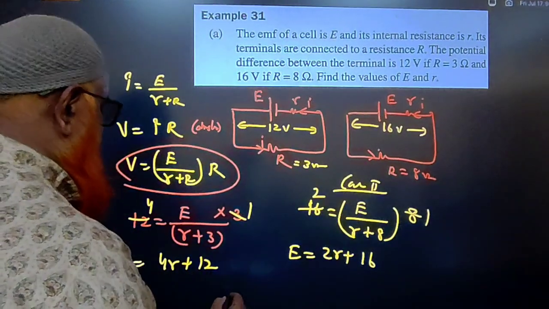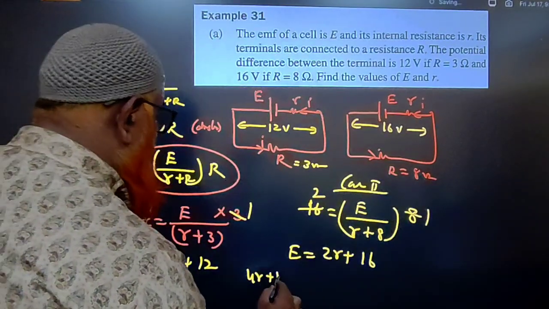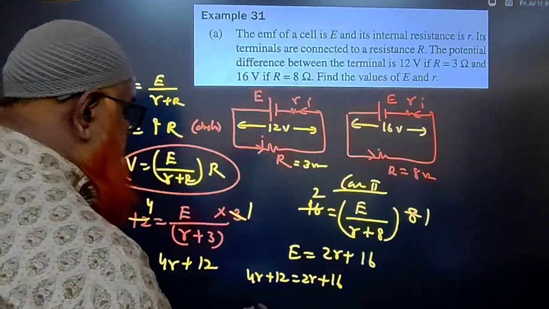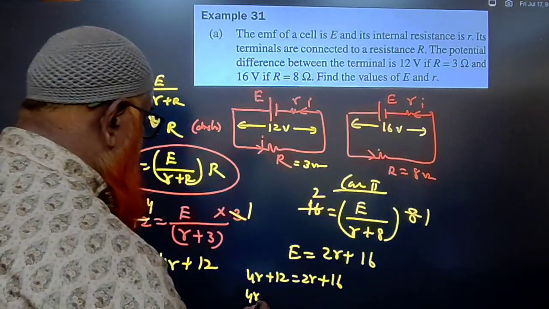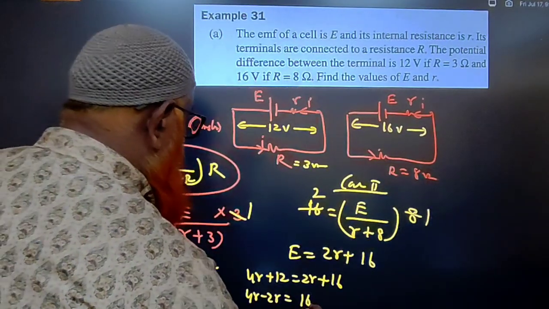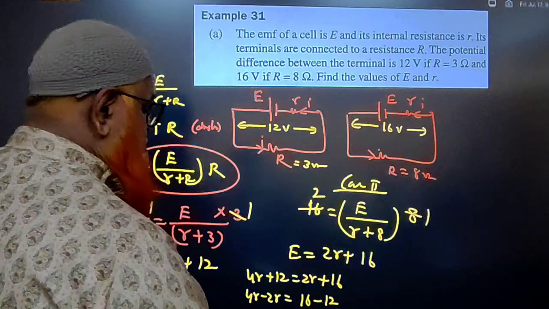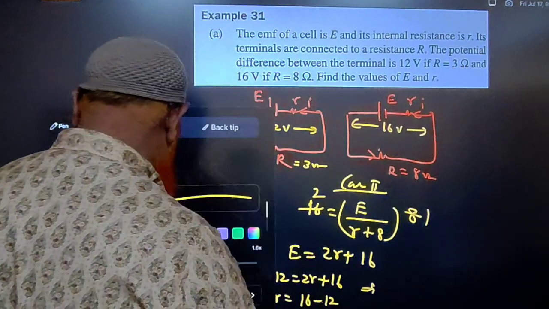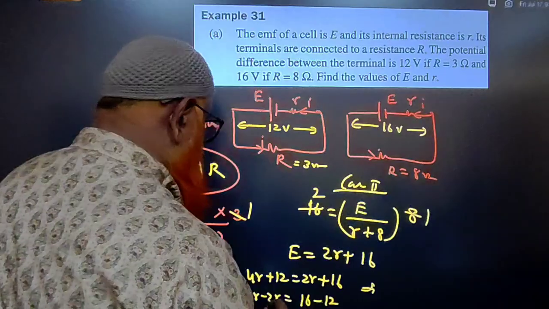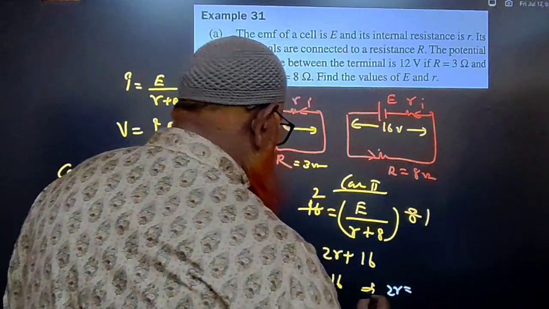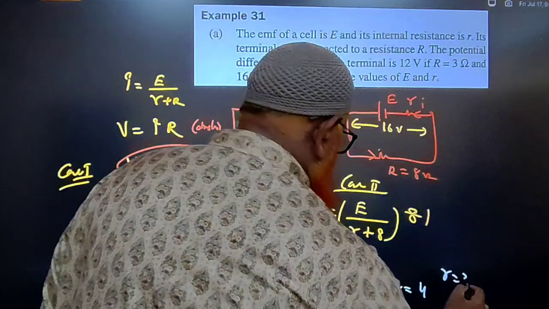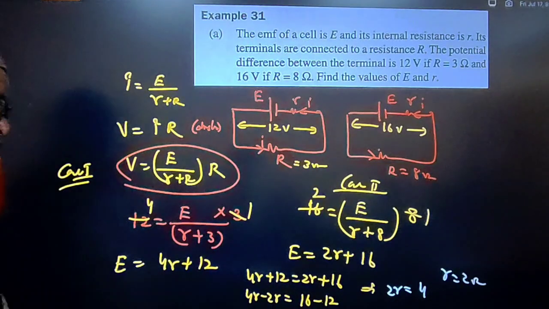Both left-hand sides are the same, so you can write 4r plus 12 is equal to 2r plus 16. This comes to the left side, becomes 4r minus 2r, which is going to be 16 minus 12. So this implies 2r is going to be 4. With this you got that the internal resistance r is going to be 2 ohms.